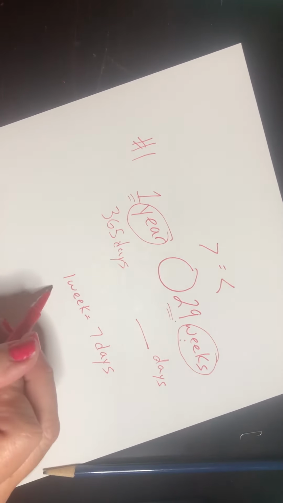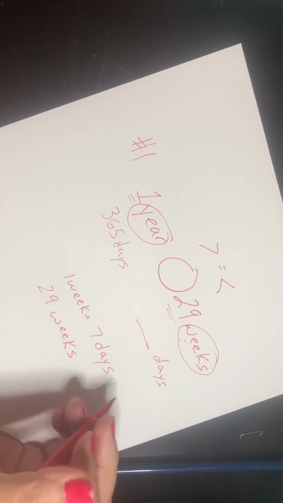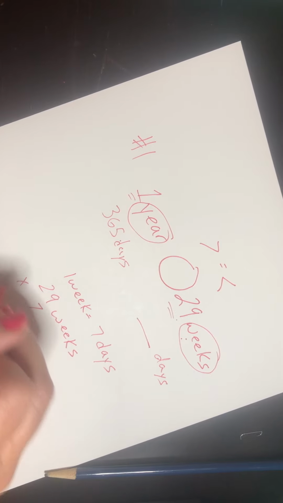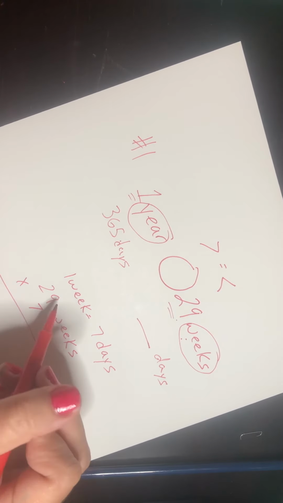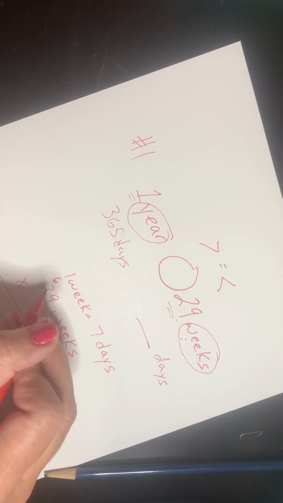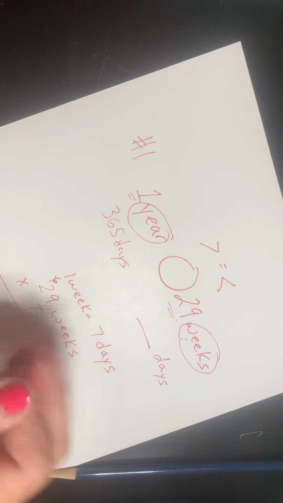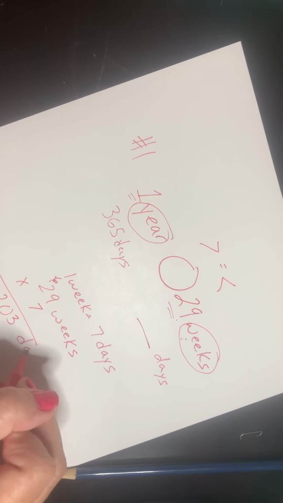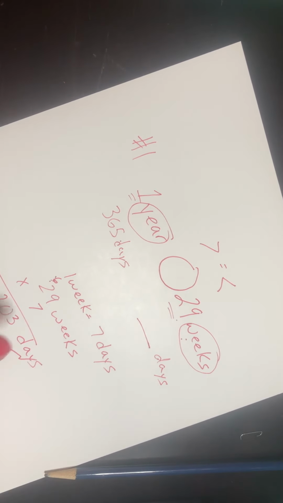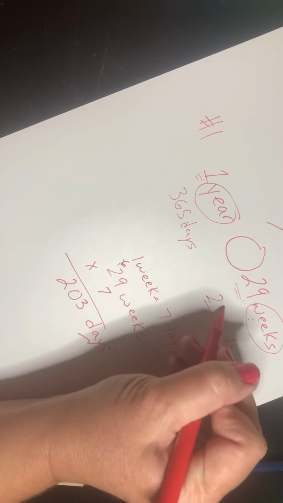So in 29 weeks, I'm going to figure it out by multiplying it by 7. So 9 times 7 equals 63. 7 times 2 equals 14, plus the 6 is 20. So in 29 weeks, there are 203 days.